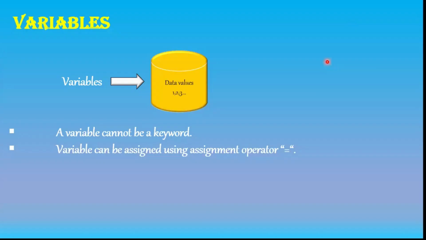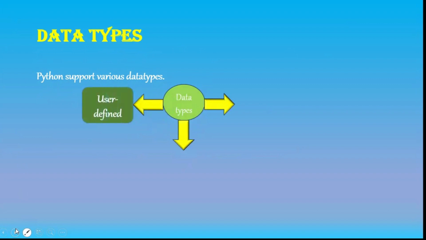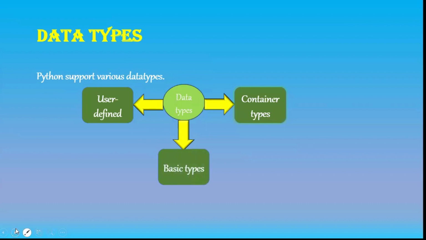And next, we will be moving on to the next slide. In this slide, we will be discussing the data types in the Python programming language. Generally, Python supports 3 categories of data types. The first one is the basic types, then user-defined types, and the container types.